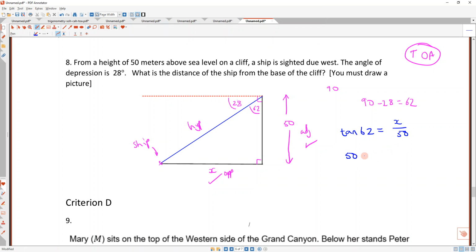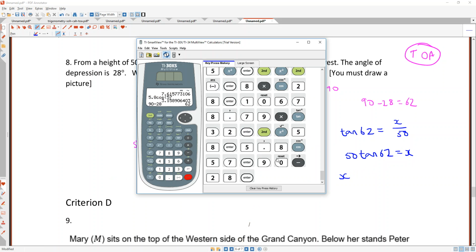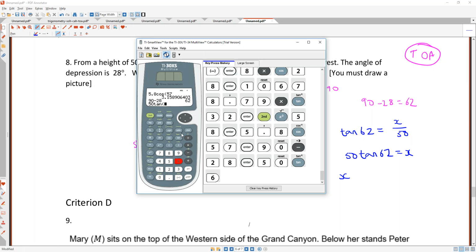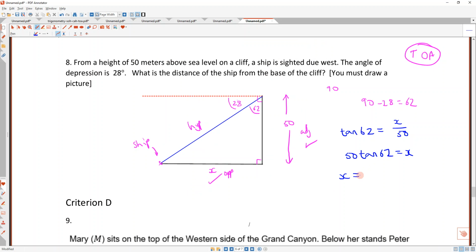I'm going to do some multiplying. 50 times tan 62 is equal to x, which is the distance from the ship to the base of the cliff. Put this into our calculator. 50 times tan 62 is equal to 94. 94 meters.